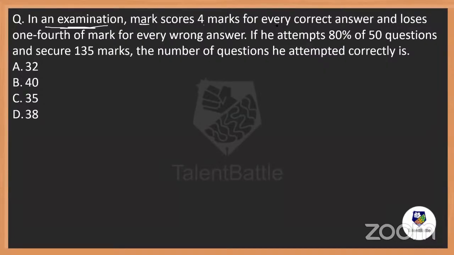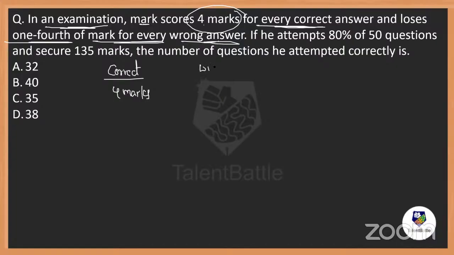Mark scores 4 marks for every correct answer and loses 1/4 of a mark for every wrong answer. If he answers correctly, he is going to get 4 marks. And if he answers wrong, he is going to lose 1/4 of the mark.